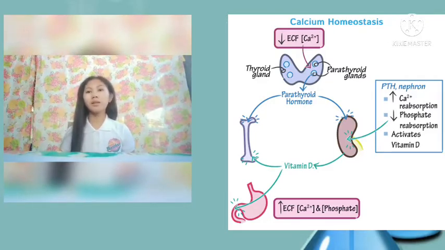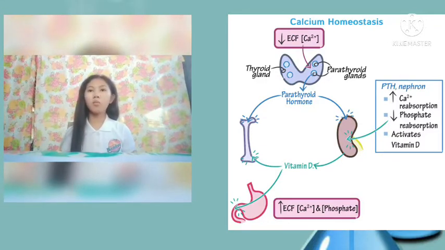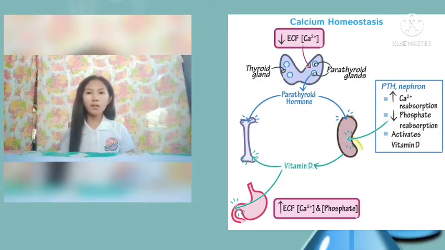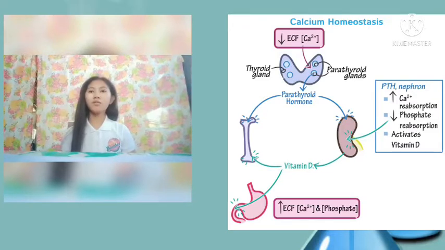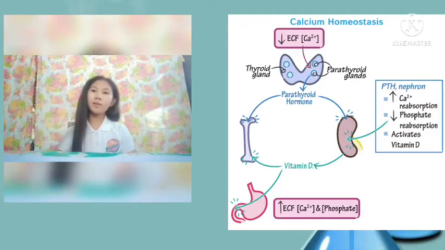Sinasabi dito kung paano natin mapapanatili ang calcium homeostasis sa ating mga katawan. Kinokontrol ng calcitriol ang mga antas ng calcium at phosphorus sa ating dugo. Tumutulong ito na mapanatili ang isang malusog na skeletal system.